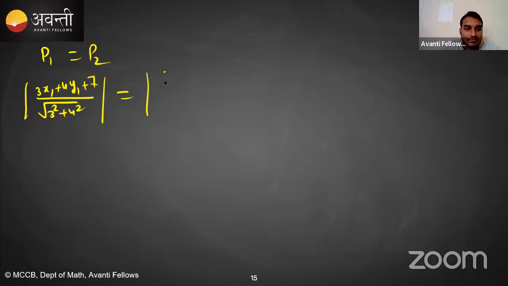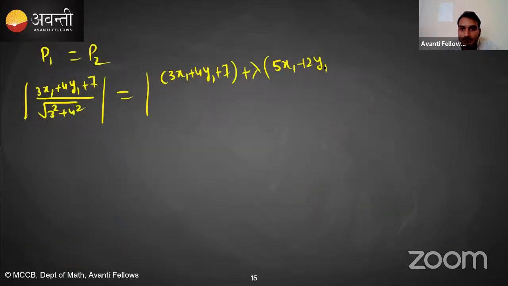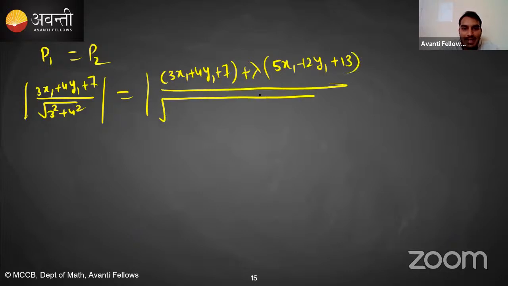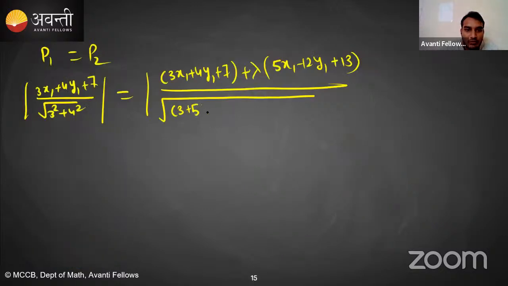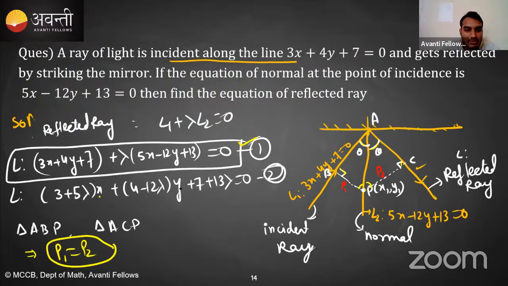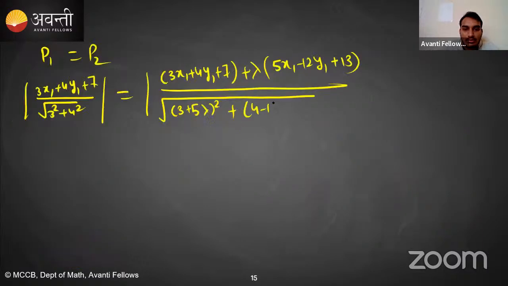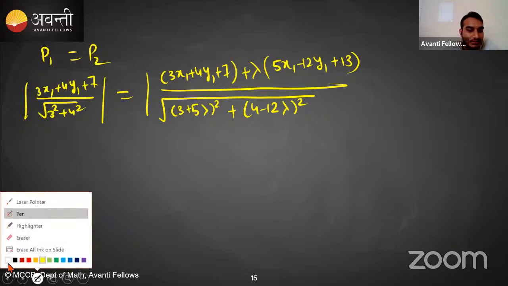What will you get? 3x1 plus 4y1 plus 7 plus lambda times 5x1 minus 12y1 plus 13 upon under root of coefficient of x का square. What is coefficient of x? 3 plus 5 lambda. 3 plus 5 lambda square plus coefficient of y square. What is coefficient of y? 4 minus 12 lambda. 4 minus 12 lambda square. Is this clear? Is this clear, students?